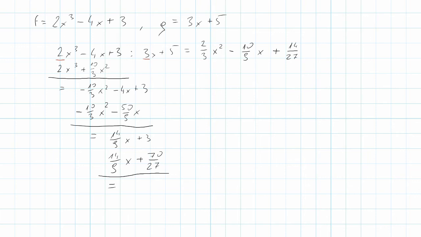It will be 81 minus 70, so it's 11 over 27. This is the remainder, and this is the quotient.